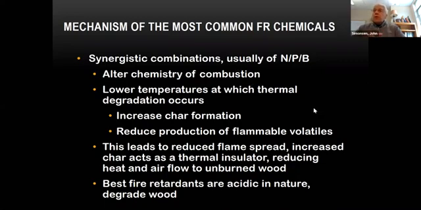What they do is they increase the char formation at a lower temperature. And because you get charring, you get reduced production of flammable volatiles. Right? And I mentioned this already, the best fire retardants tend to degrade the wood because they're acidic. And that has caused trouble in the past, but things today are pretty calm.